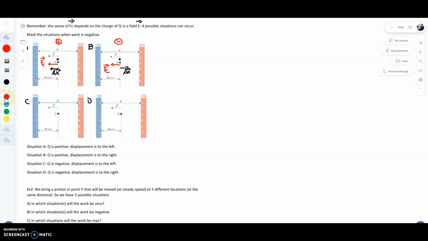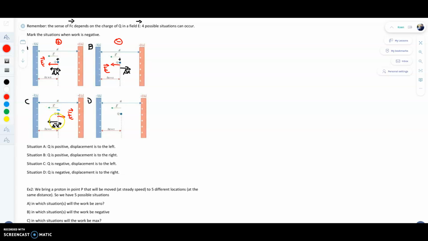Situation C, you have a negative charge in this case. You're going to perform a displacement to the left in this case. Now, the one thing that changes is it's a negative charge, meaning your Coulomb force is going to have the opposite sense of your field vector E in this case.